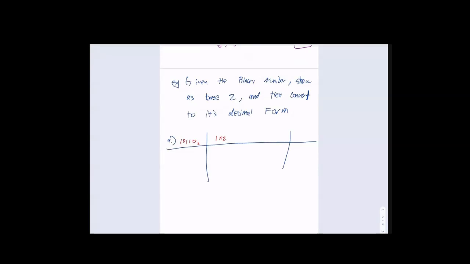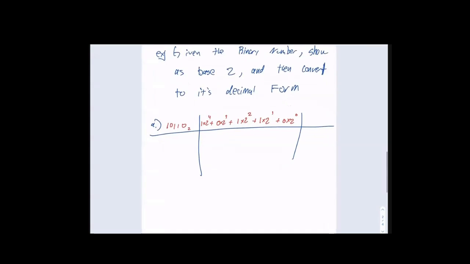Yeah, you know what? Let's go backwards. 0 times 2 to the 0 plus 1 times 2 to the first plus 1 times 2 to the second plus 0 times 2 to the third plus 1 times 2 to the fourth.